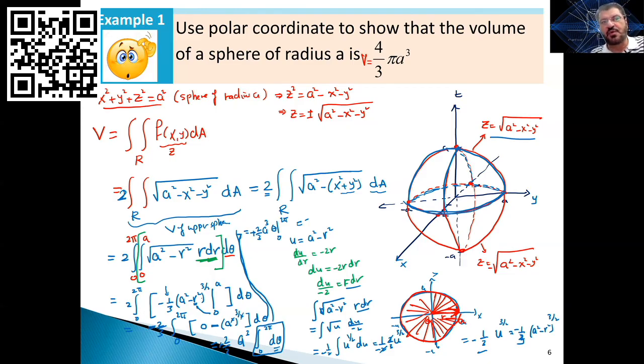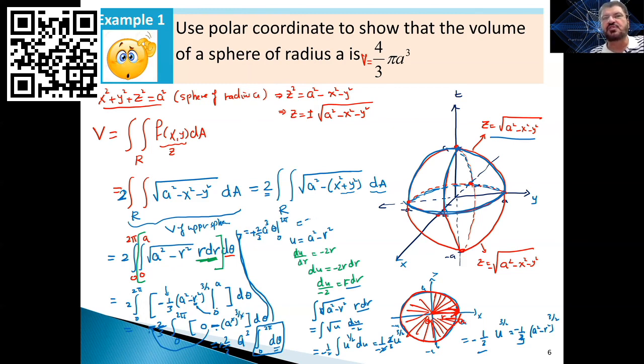Again, when we put the a, we get 0. Here is 0 minus, put the 0, there is a minus outside, so it's going to be minus a cubed. Now, minus with minus, these two minuses cancel, and you're left with 2/3 a cubed. So I have 2/3 a cubed, the integration from this one to this one.